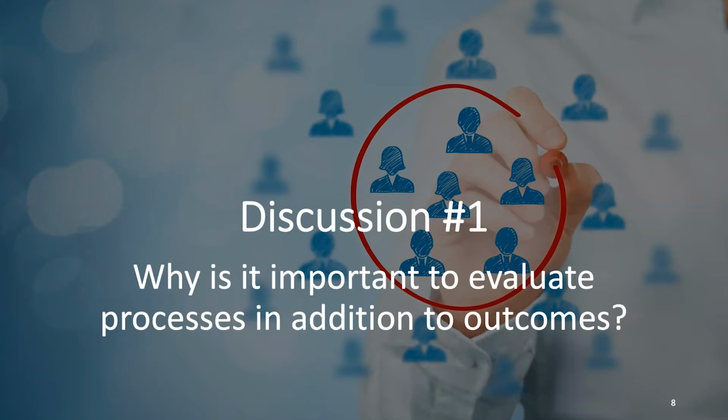So maybe we have to change our process. Maybe we have to think about recording or providing things asynchronously in addition to the in-person. I think it's a wonderful example, and again, being open to that continuous improvement. That's a great example.